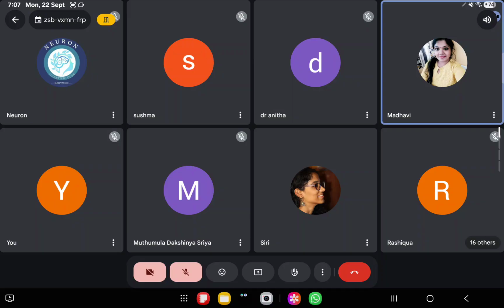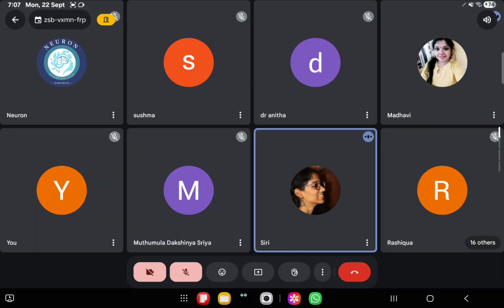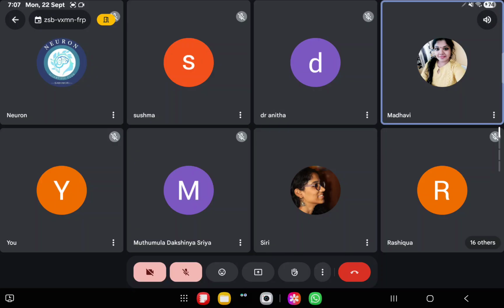And the group selection, what they have selected for comparison, is not the same as well. The PCOS group is smaller compared to the other group. When you apply certain statistical tests to nullify that, it will not be of that much effect. So the similar group selection would have been more efficient.